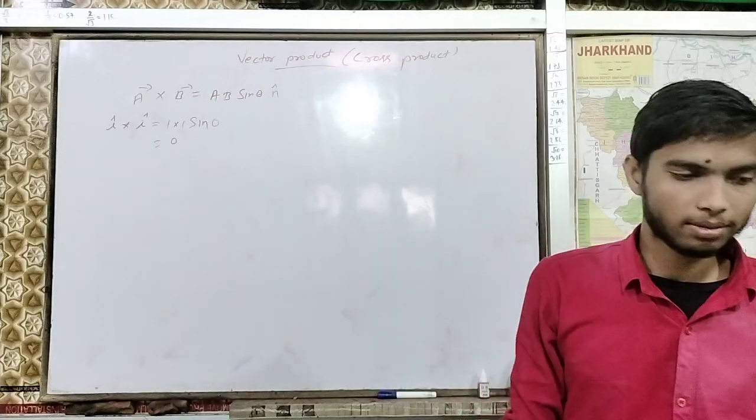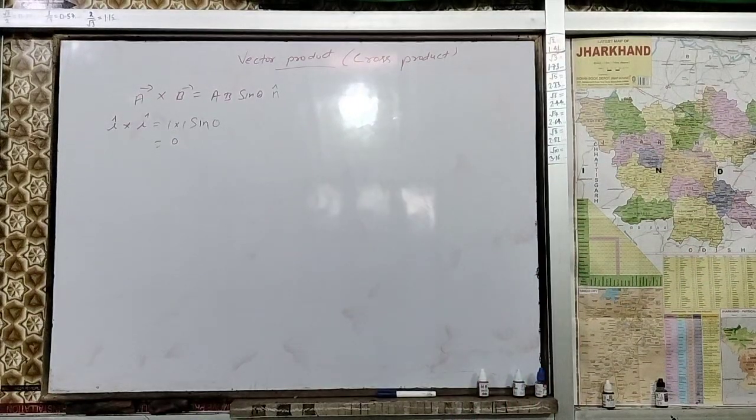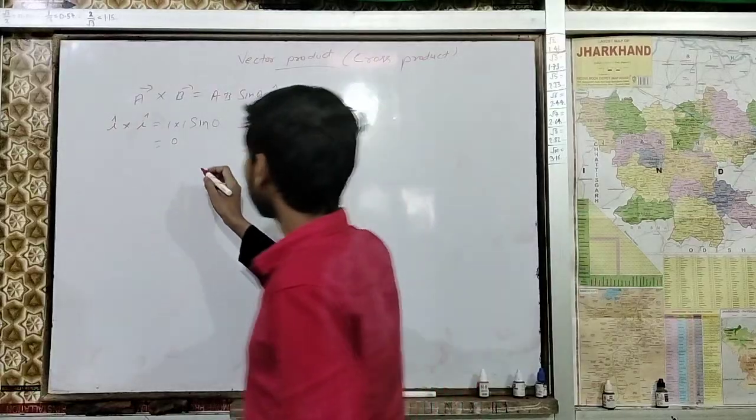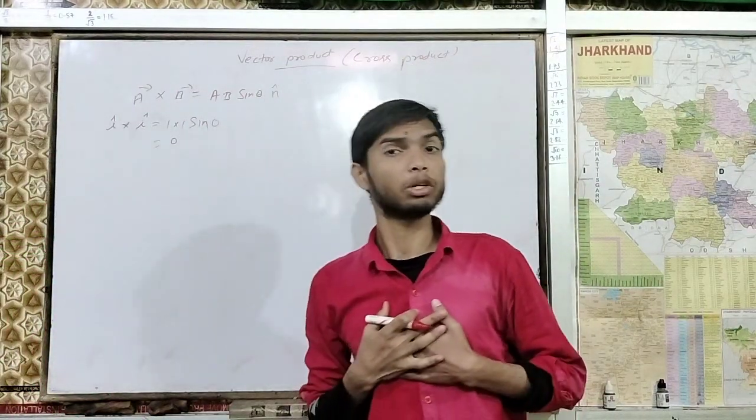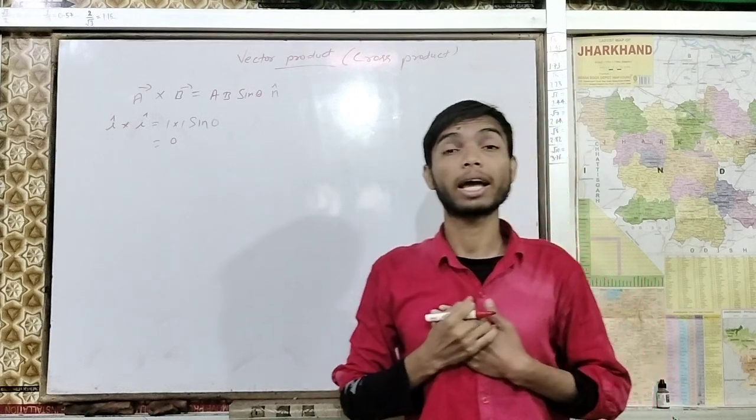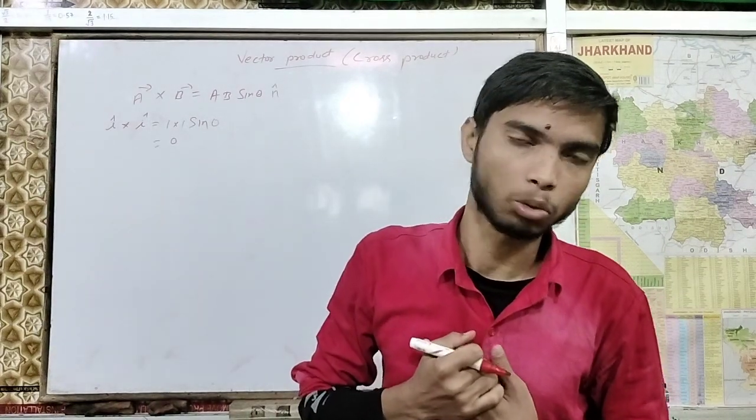Magnitude is 0. There is no direction. If magnitude is 0, we cannot say that we have something, we have nothing because magnitude is 0.